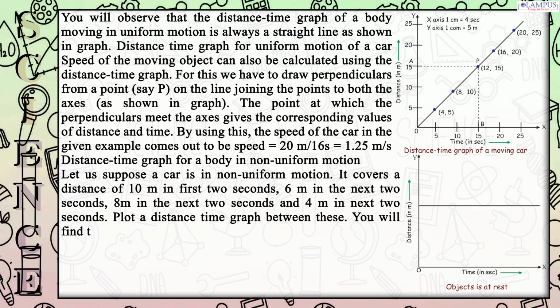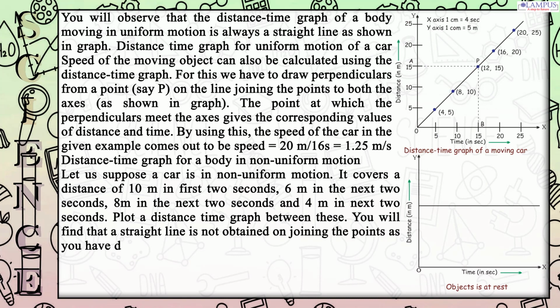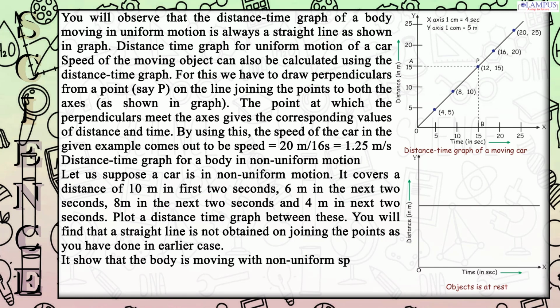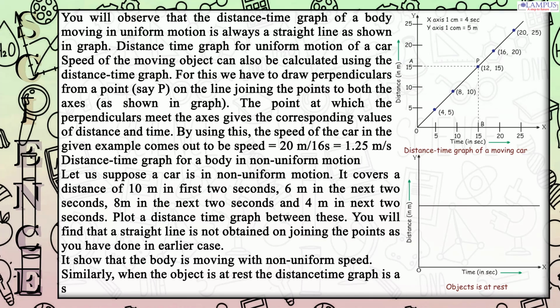Plot the distance-time graph between these. You will find that a straight line is not obtained on joining the points as you have done in earlier case. It shows that the body is moving with non-uniform speed. Similarly, when the object is at rest, the distance-time graph is a straight line parallel to the x-axis or time axis.